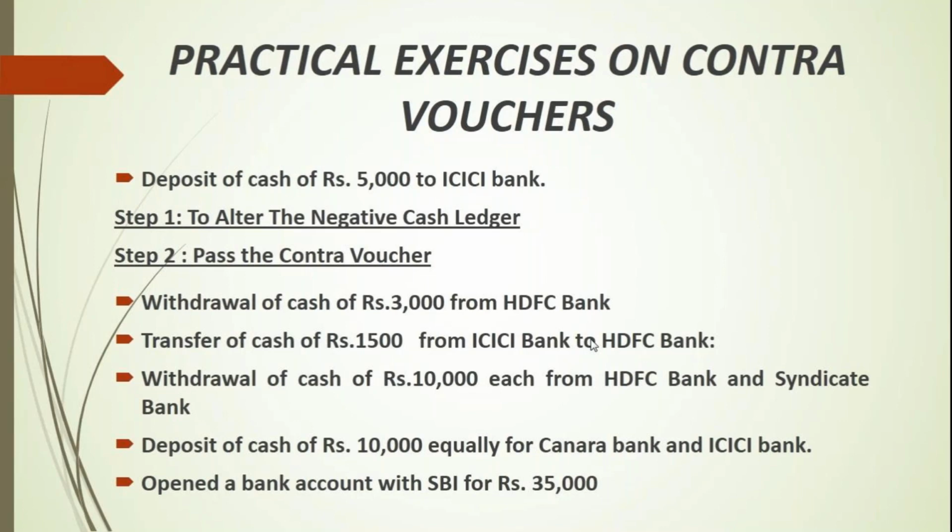Okay. So we have to make this entry very carefully because here we have to update certain bank details. So you must have clarity of how it is going on. Right. So let's pass this entry.